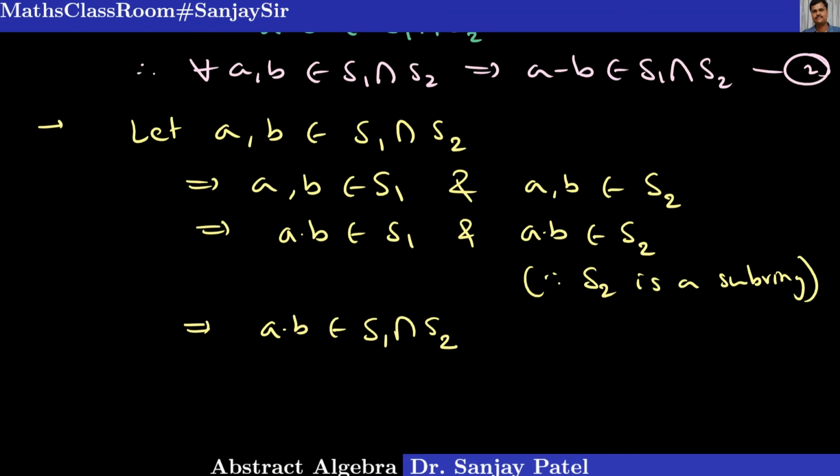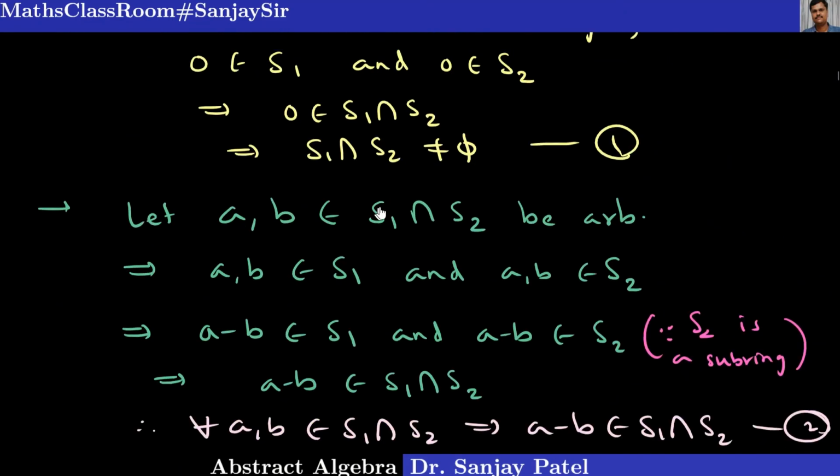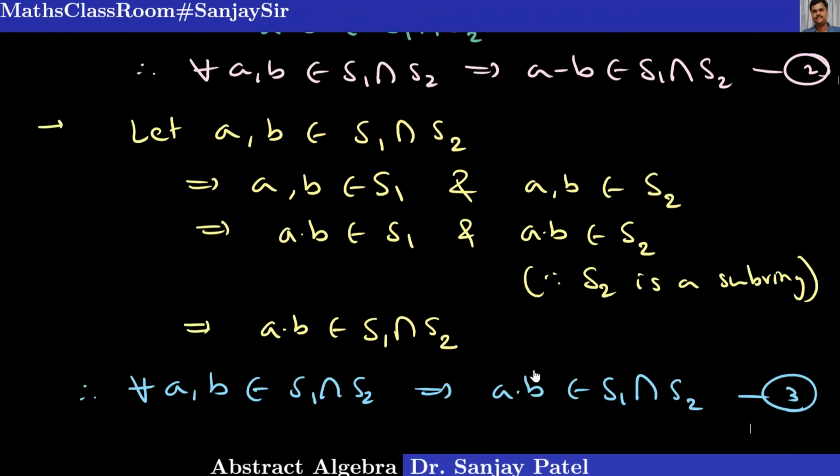So what I have proved here is, for every A and B belonging to S1 intersection S2, A dot B also belongs to S1 intersection S2. This is my third result. The first result we have proved is that it is non-empty. In the second result, S1 intersection S2 satisfies the closure property of addition and additive inverse.